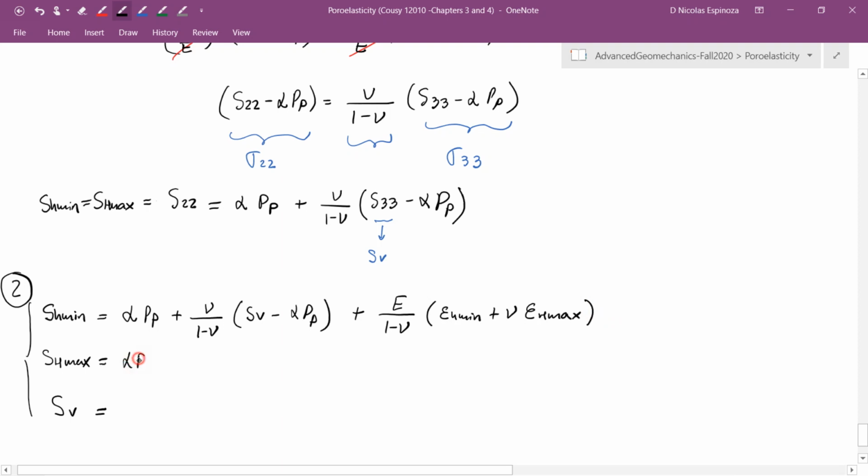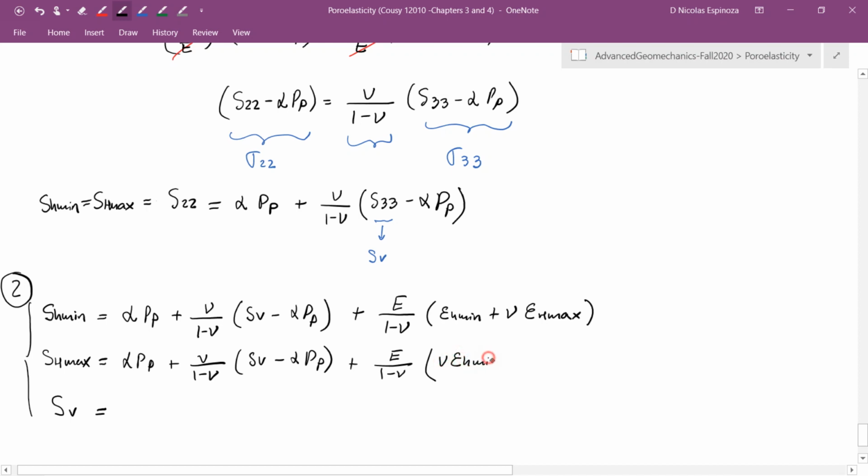SH max, very similar, is going to be like this. It's the same for the contribution of the pressure and the contribution of the effective vertical stress. But here, these terms change and the Poisson ratio switches position.